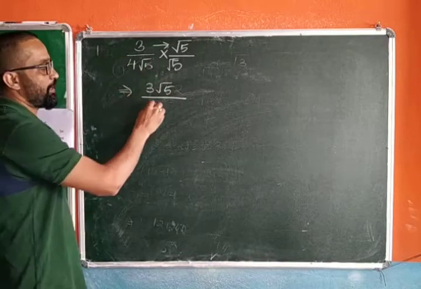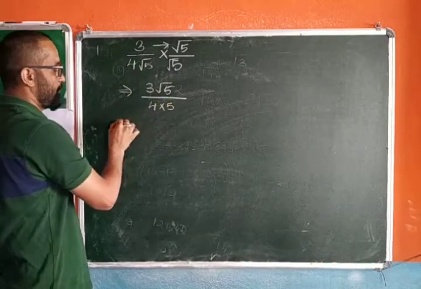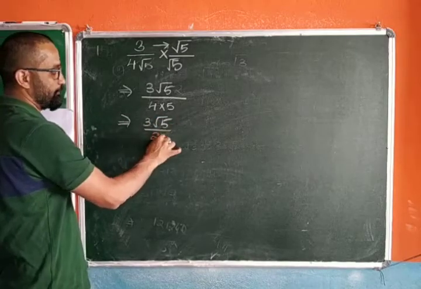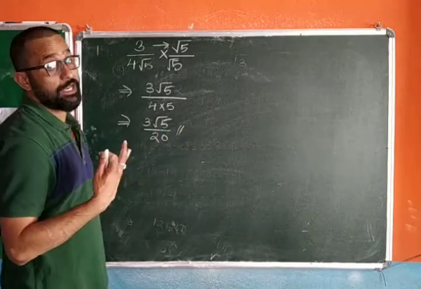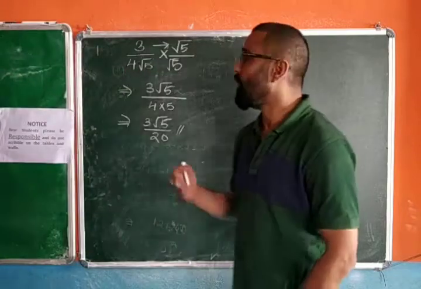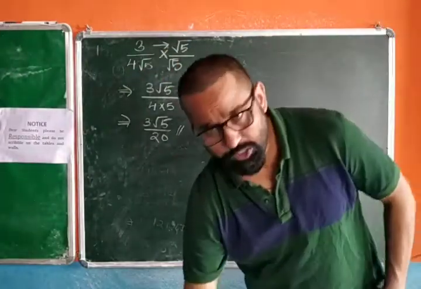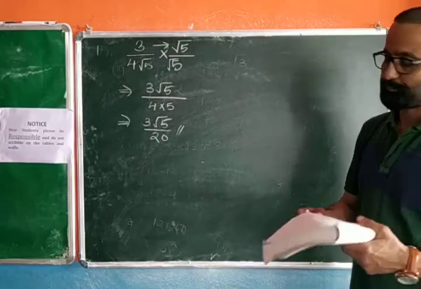Root 5 multiplies root 5, you get 5. So we have 3 root 5 divided by 20. This is the rationalized value of the given surd. You can do question number 2 similarly.